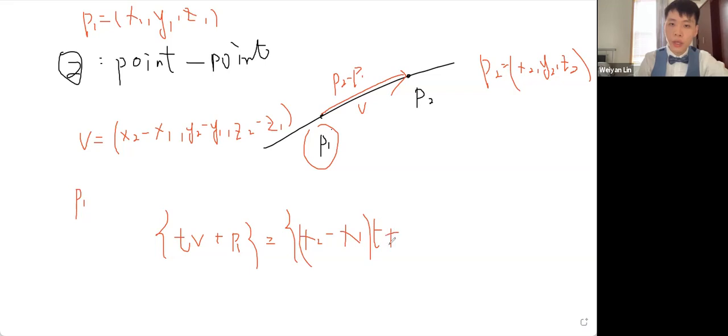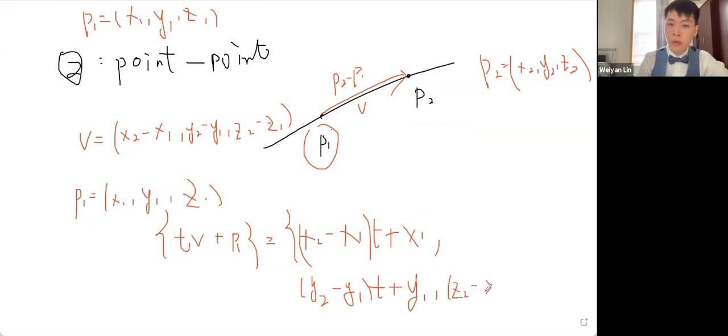Don't forget to add your P1, which is (x1, y1, z1). So plus x1, that's the x coordinate. Y2 minus y1 times t plus y1, that's your y coordinate. And finally, z2 minus z1 times t plus z1.